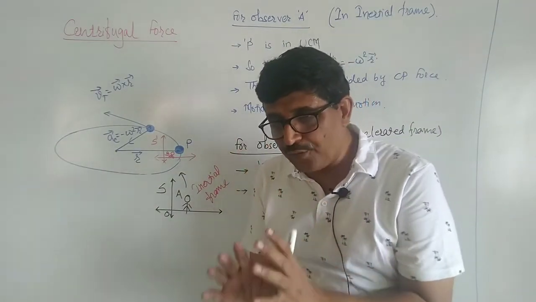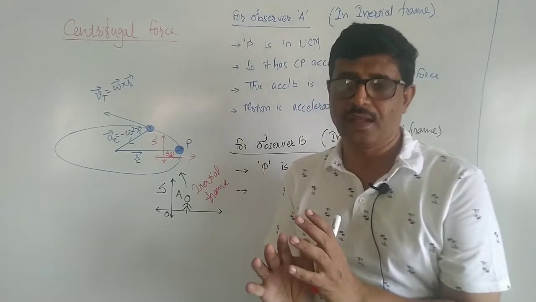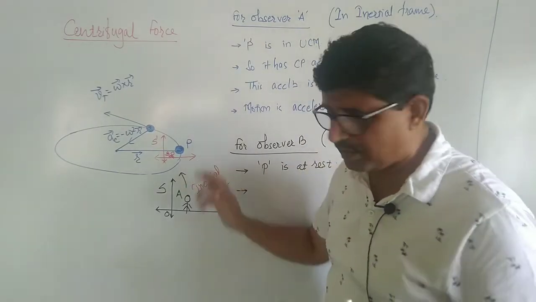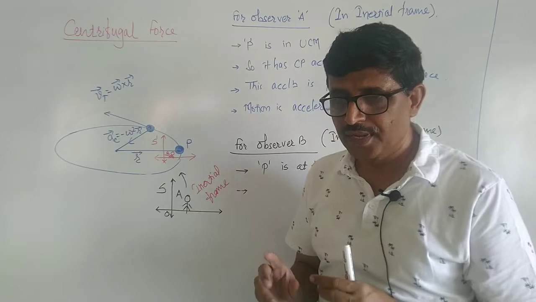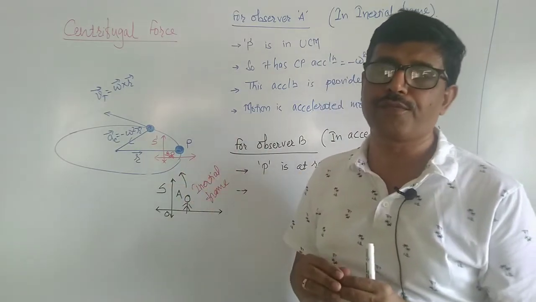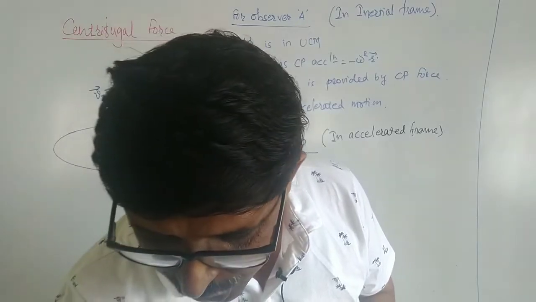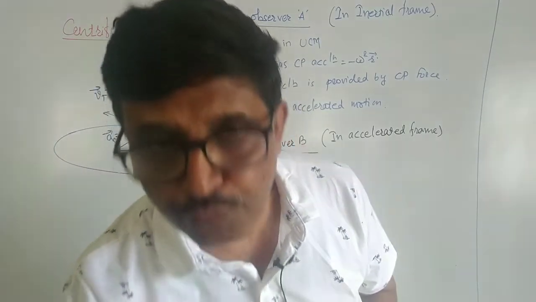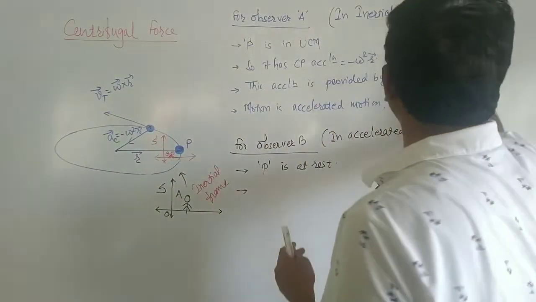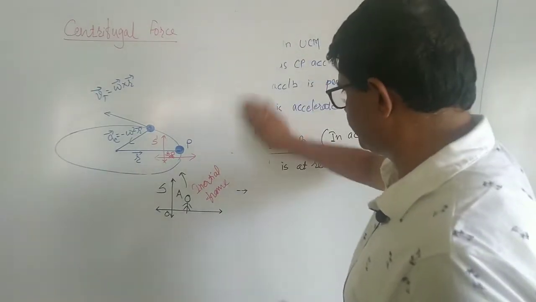Now, to justify the rest of P in an accelerated frame of reference, we have to assume the existence of a pseudo force in order to apply Newton's laws of motion.